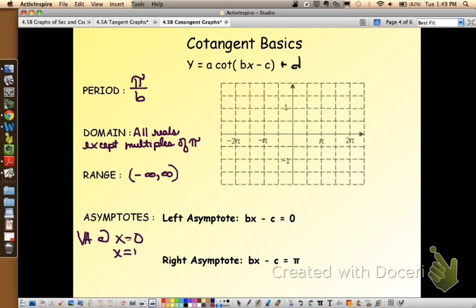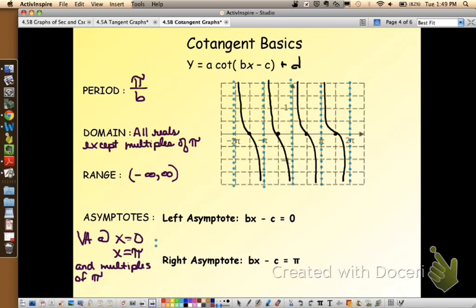And the left asymptote and right asymptote are done pretty much the same, except for this time you're going to set them equal to 0 and pi instead of negative pi over 2 and pi over 2. So there you go. And then you can find the midpoints, just like with the tangent curve, and then draw your curves, your basic shape of that.